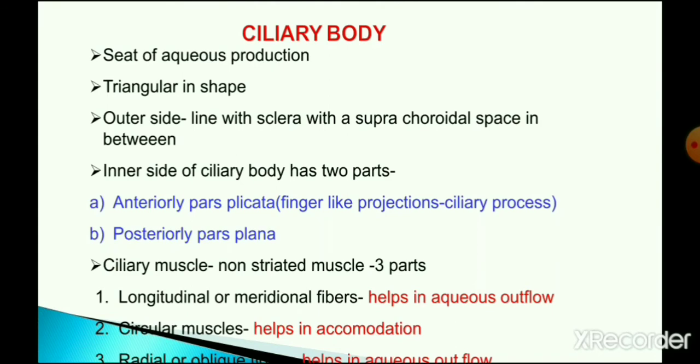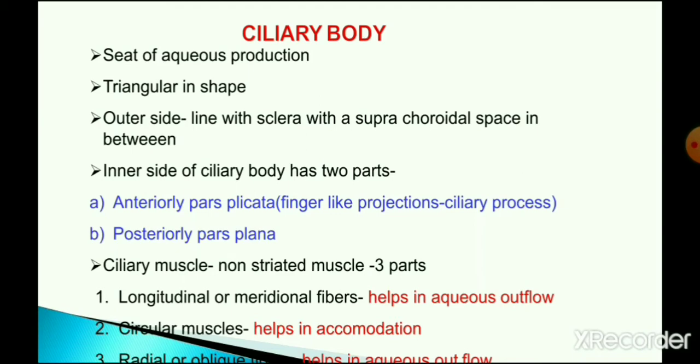Now the ciliary body is the seat of aqueous production. It is triangular in shape. Its outer side is lined by the sclera with the suprachoroidal space in between. The inner side of the ciliary body has two parts: anteriorly the pars plicata, with finger-like projections called the ciliary processes, and posteriorly the pars plana.